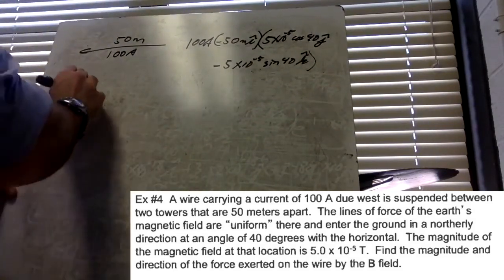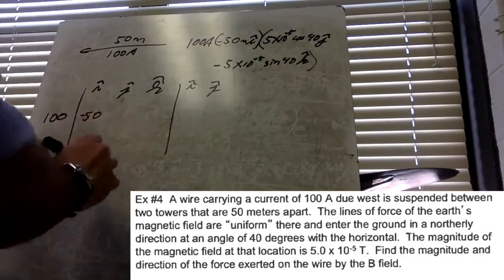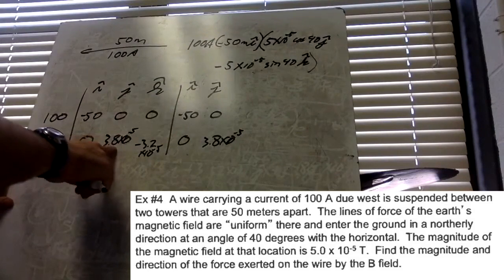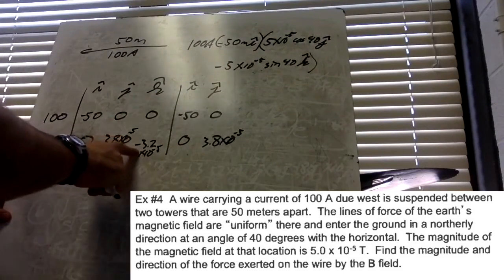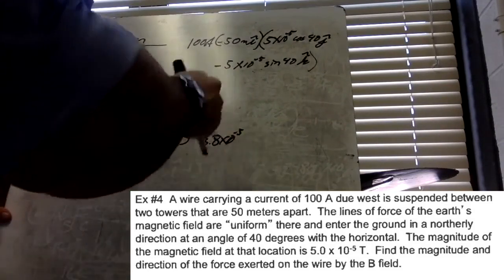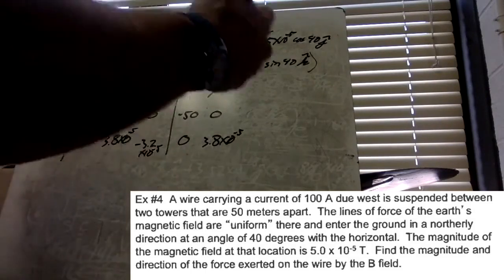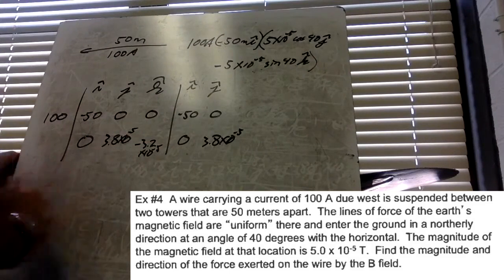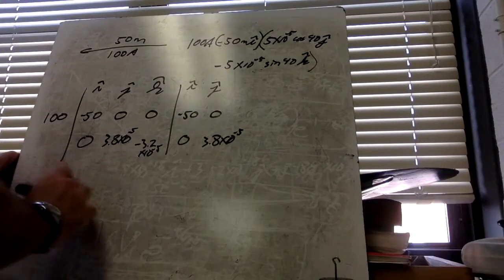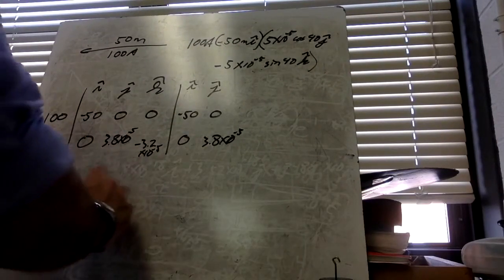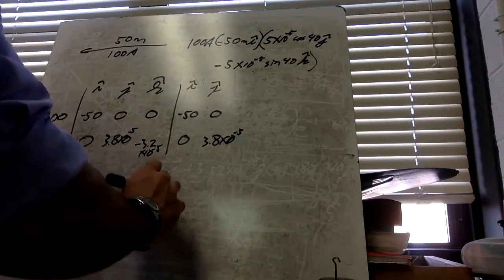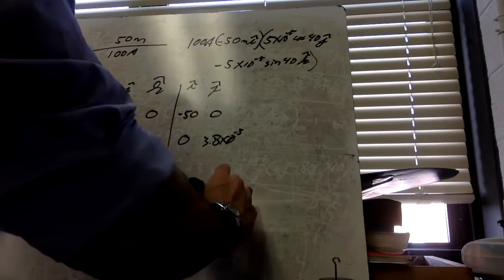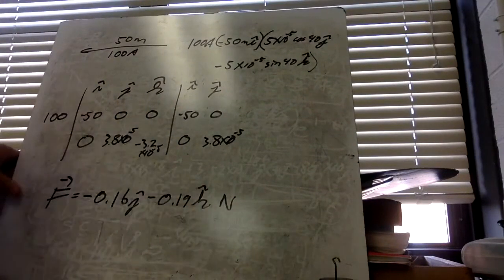So 100 times, so this is 50, 50, this is 3.8 times 10 to the negative fifth, negative 3.2 times 10 to the negative fifth, etc. And so now when I do my cross product, what we end up with is that the force is negative 0.16 j minus 0.19 k newtons.